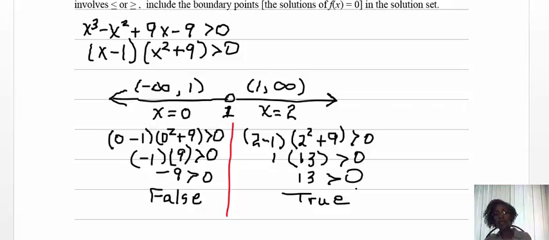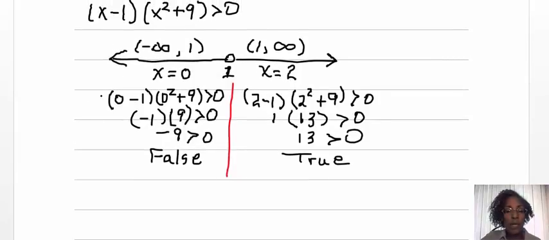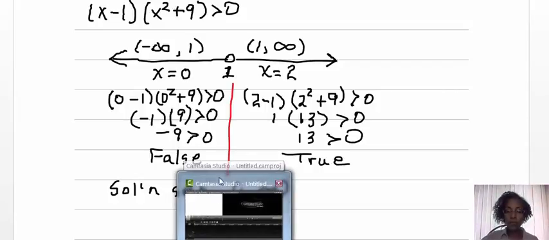So this basically means all of the numbers that are bigger than 1 will make the inequality true. So the solution set is the interval 1 to infinity, not including the 1.